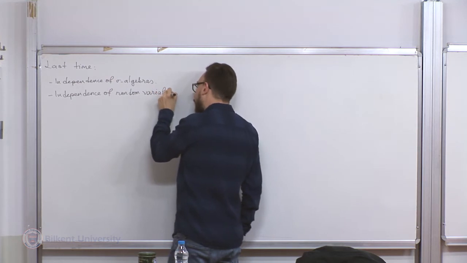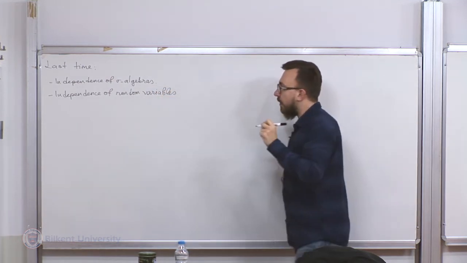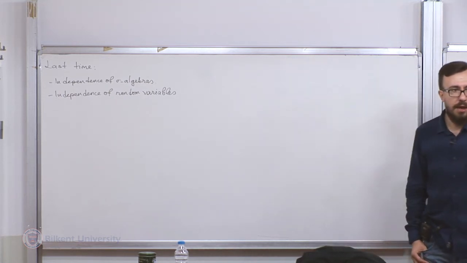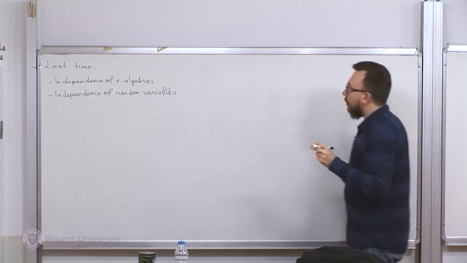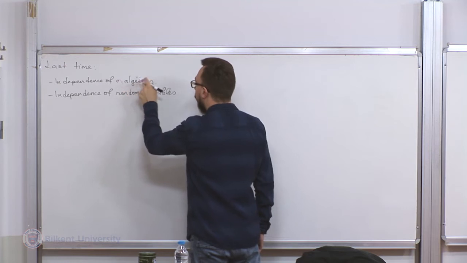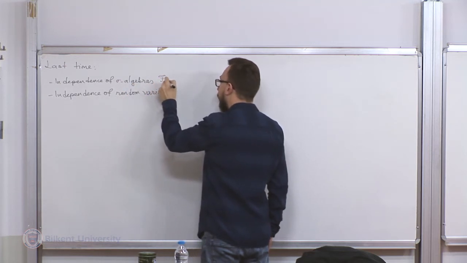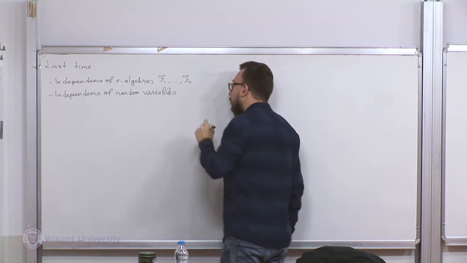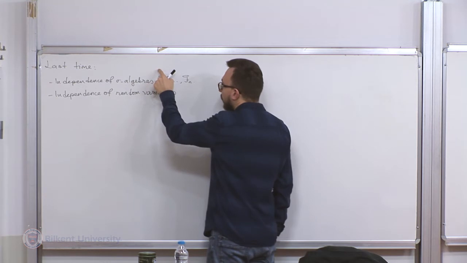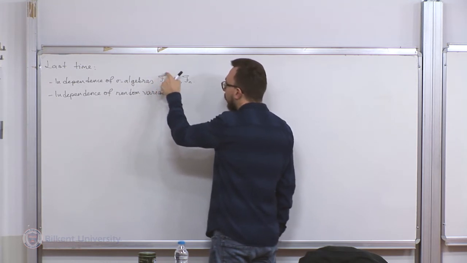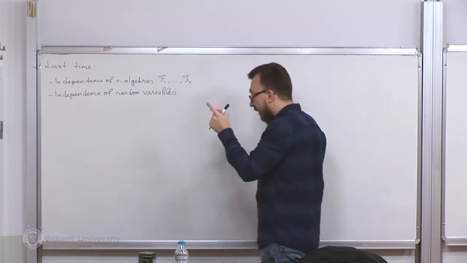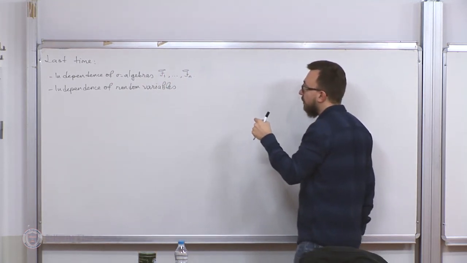So remember that we defined independence of sigma algebras first, and this is basically a product type of rule about random variables that are measurable with respect to those sigma algebras. So if we have F1 to Fn, independence of F1 to Fn means what? You pick random variables Z1 measurable with respect to this one, Zn measurable with respect to this one, and the expectation of the product is equal to the product of the expectations.